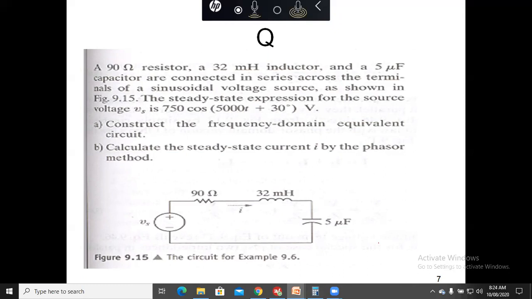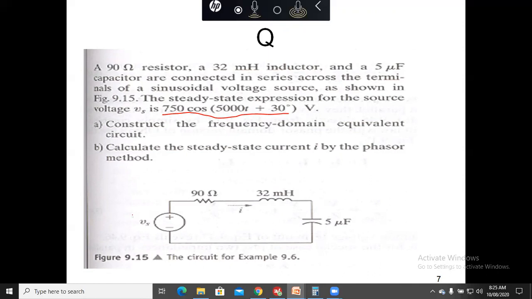For this network, the supply voltage is 750 cos(5000t plus 30 degree). Here the 30 degree is the phase, and omega, the frequency of the network, is 5000, right?